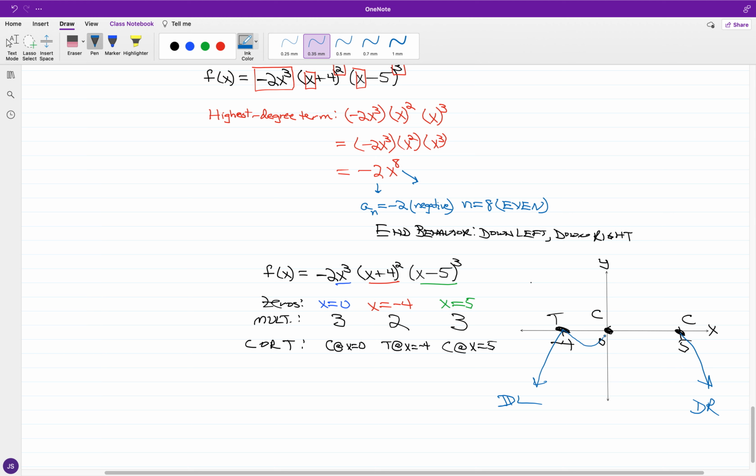Once we get to 0, it's going to cross from below to above, and once we get to x is equal to 5, then we have the graph going from above to below the x-axis. Okay, so you have your end behavior down to the left, down to the right, and you got your 3 zeros. At -4, graph touches, but at 0 and 5, you're going to have to end up crossing, and this will be how the behavior of the graph of f of x is going to be carried out.